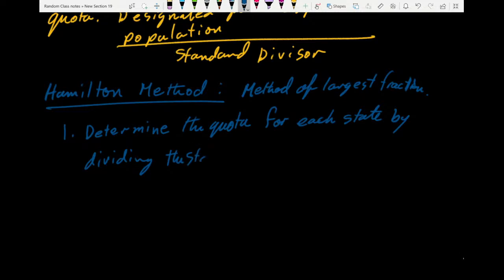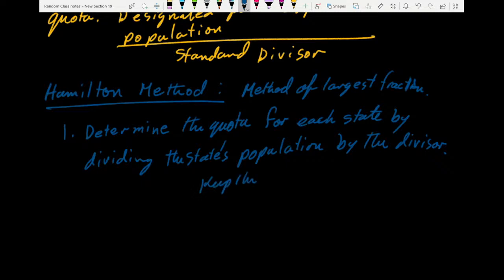Actually, it would have been better if I had typed it. And we keep two decimal places.